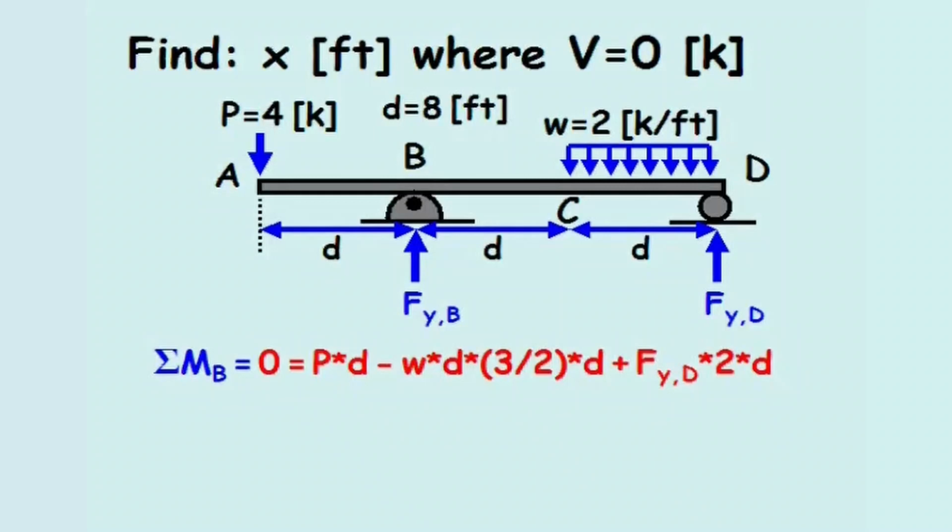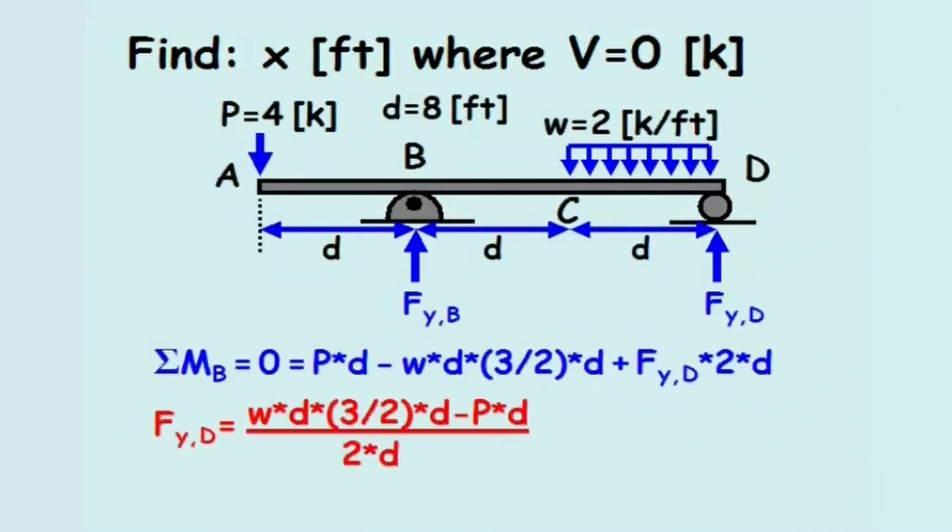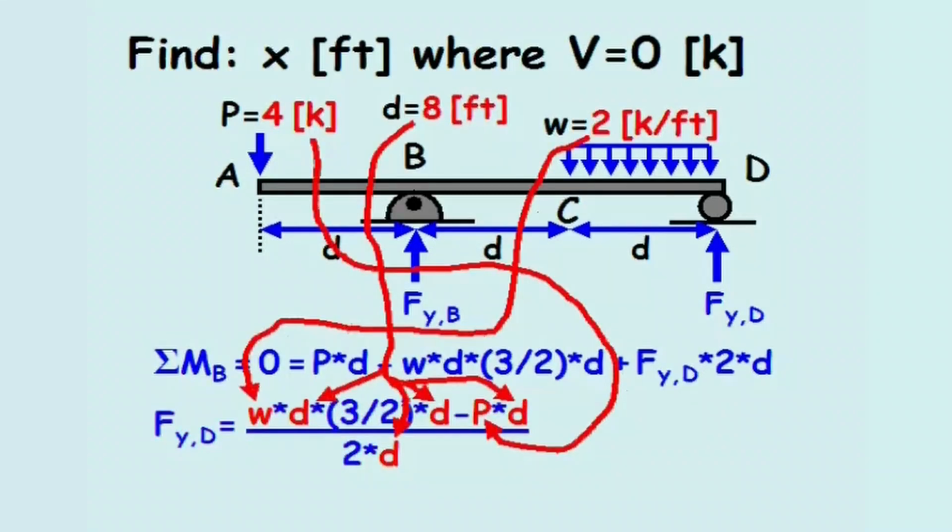Summing the moments about point B, setting the value equal to 0, solving for the vertical reaction force at joint D, and plugging in the values for the point force, the continuous force, and the spacing, the vertical reaction force at joint D equals 10 kips.